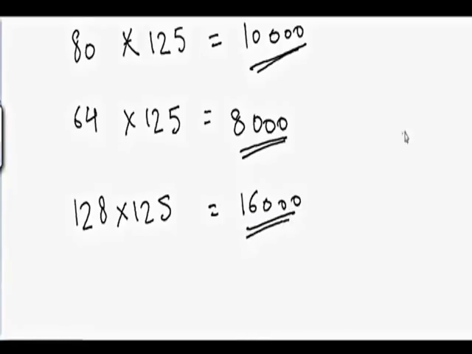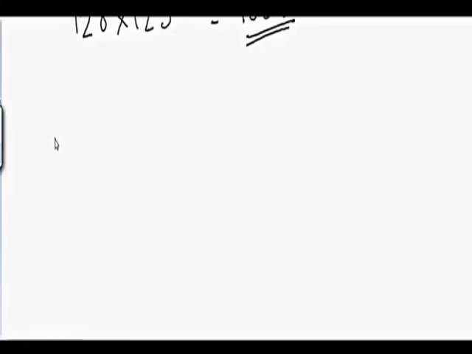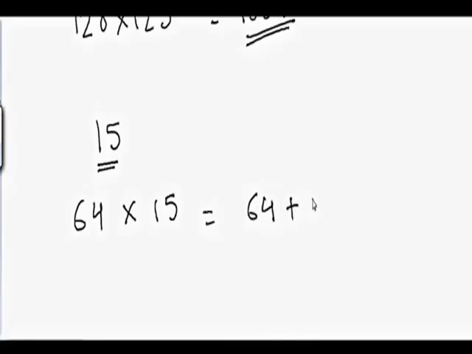So now let's go to multiplication by 15. So in case of 15, this is a little different. So suppose we have 64 and want to multiply it by 15. So in this case what I will do is I will take 64 and then I will add 64 divided by 2 to it and then multiply by 10.